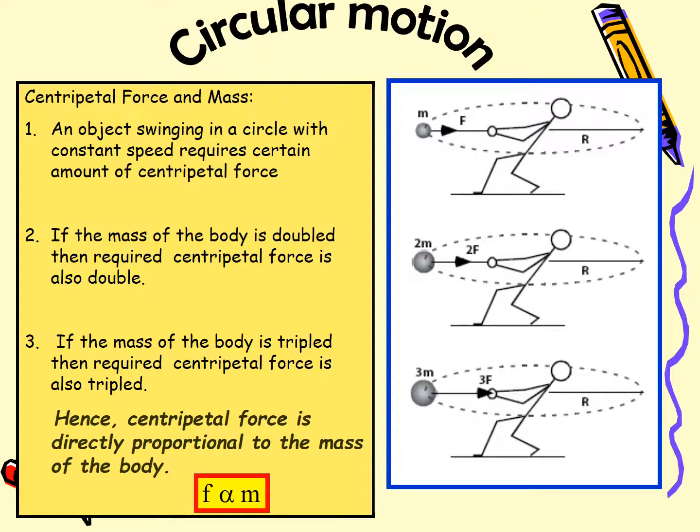If the mass is tripled, then the required centripetal force is also tripled. It means if the mass of the body increases, then centripetal force also increases in a proportionate manner. Hence, centripetal force is directly proportional to the mass of the body.